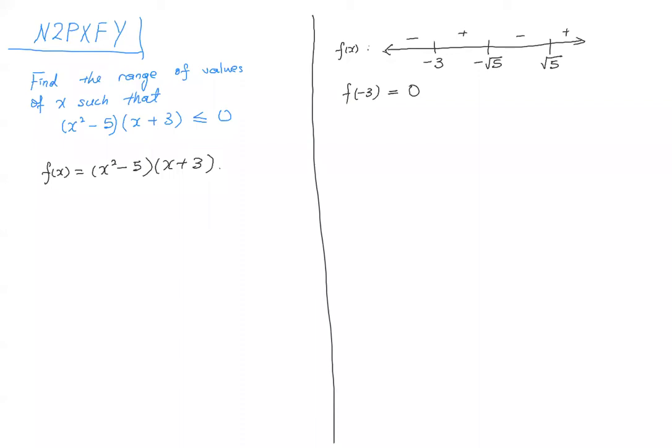When we do a sign diagram, we have to get the x-intercept first, correct? So how to get the x-intercept? We put this function equal to 0. So we get 3 values of x.